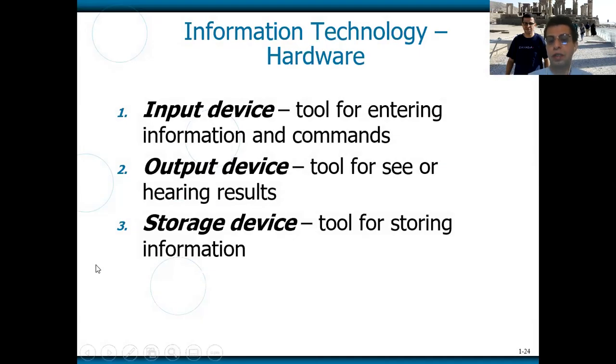The input devices are the tools for entering information and commands, like the keyboard. The output device is a tool to see or hear the result, like the speakers. The storage device is a tool to store the data and the information.